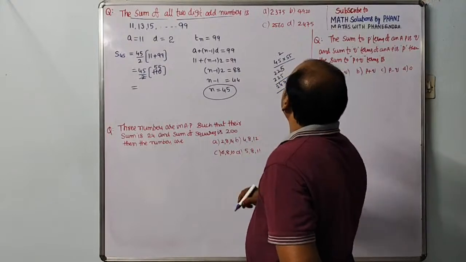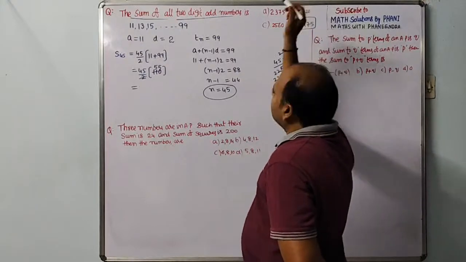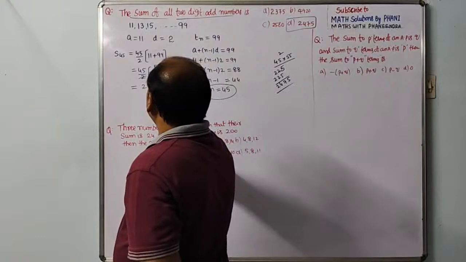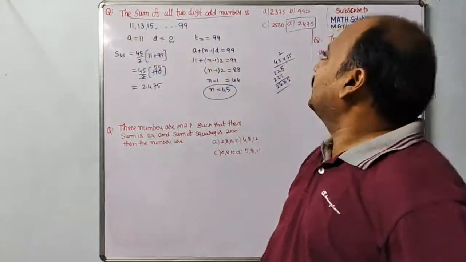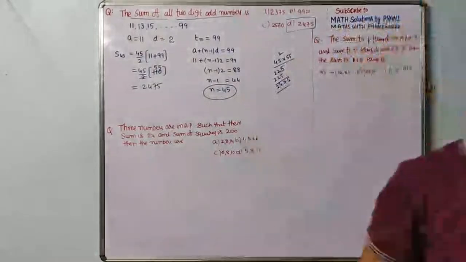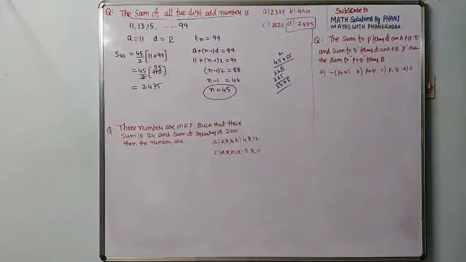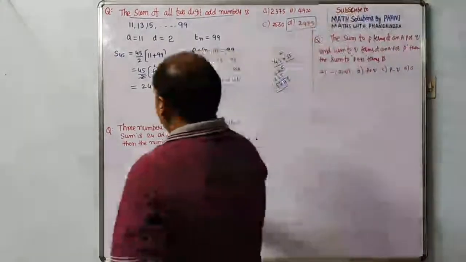So 2475 is there in the fourth option. Therefore, the sum of all two-digit odd numbers is 2475. Now we will move to another question.